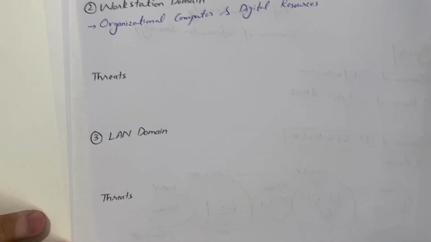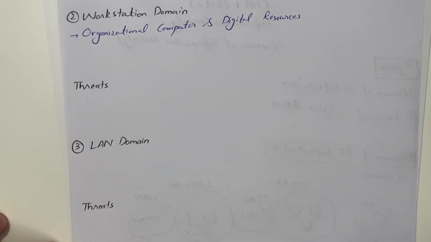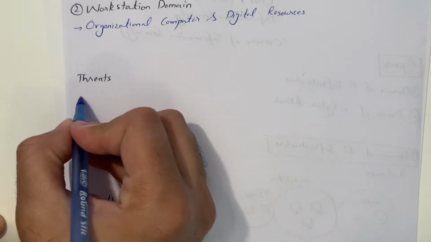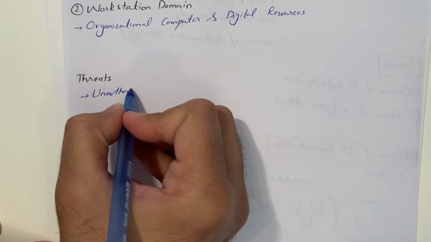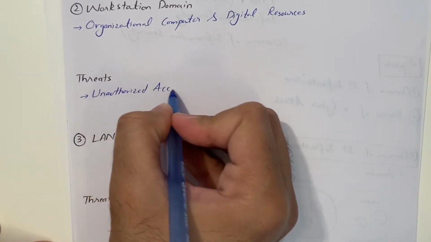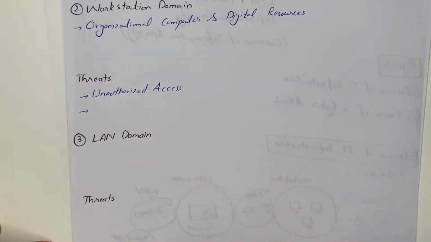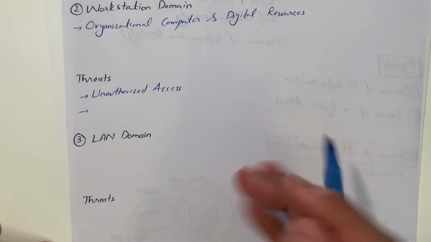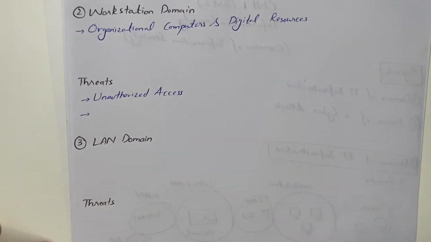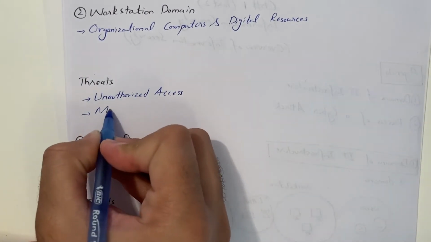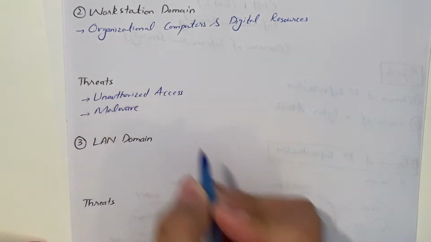Now, in the workstation domain, what kind of threats do we have? The first, or the biggest, threat is unauthorized access, like unauthorized people accessing the resources. The second problem is, because these are organizational computers or resources, maybe printers or other equipment, the installation of malware.